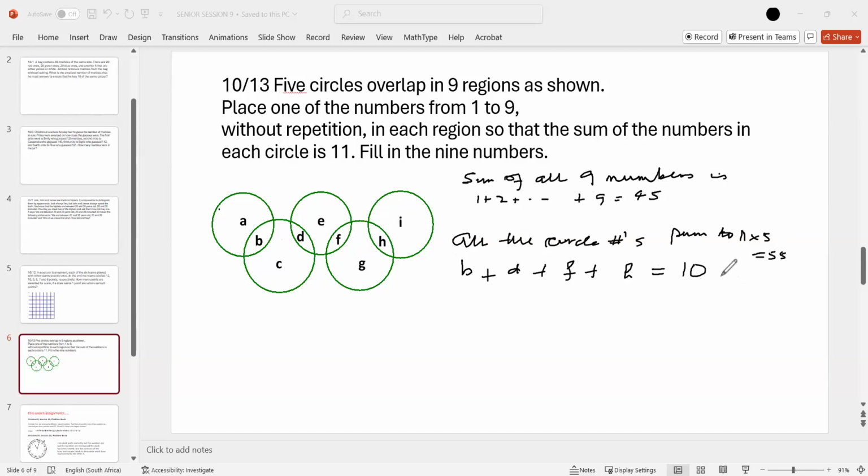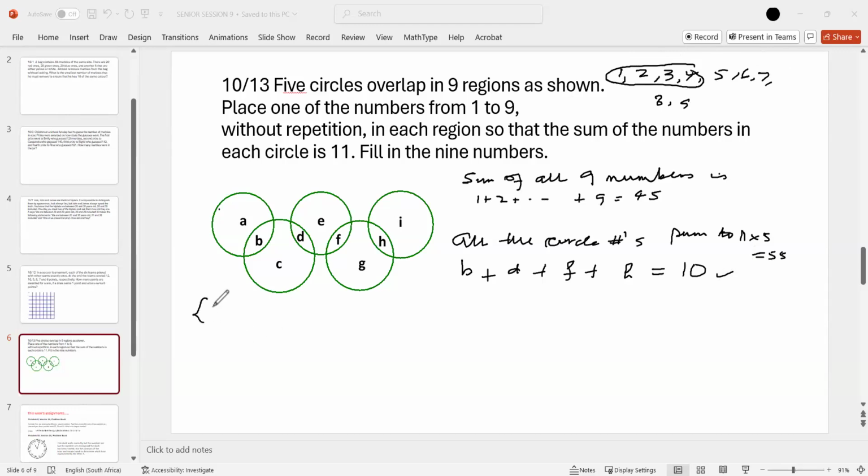This is a very important logical conclusion. The numbers are coming from 1, 2, 3, 4, 5, 6, 7, 8, 9, and you got 4 numbers adding up to 10. And there's only one way you can do that: the 4 smallest numbers add up to 10.